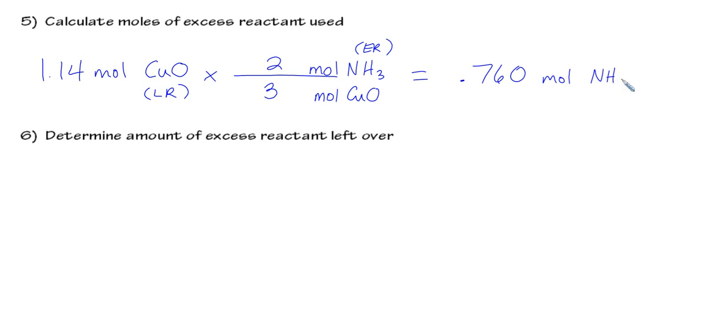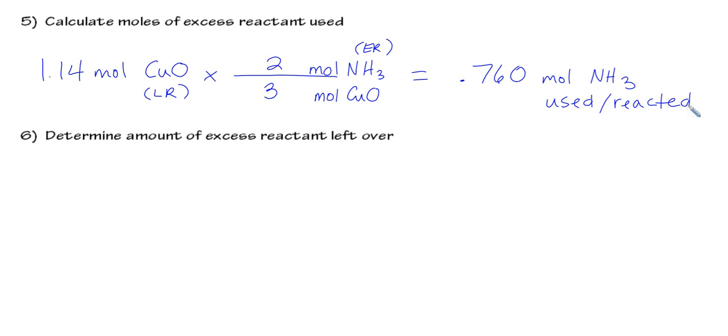Now, some people like to switch this into grams, and that would be totally fine too. Eventually, the problem does ask for grams, but you can do this in either order. You can keep it in moles now, switch it to grams later, or you could go to grams now and moles later if you want to.